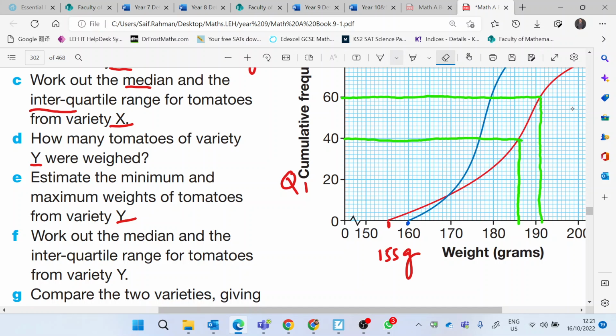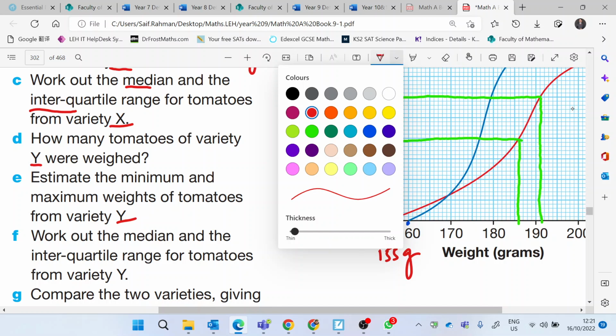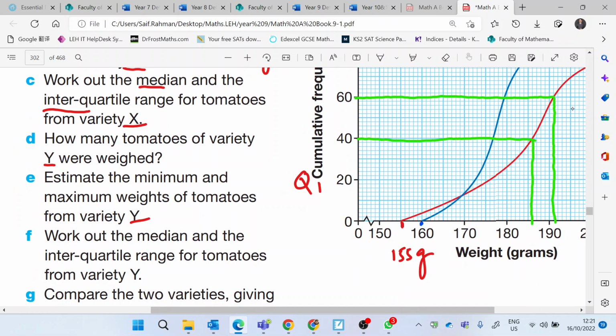This line is quite thick, so let me draw it again. 25. So 20, and this one is 30, and 1, 2, 3, 4, 5, right? So 25. 1, 2 and a half. It should be somewhere here.